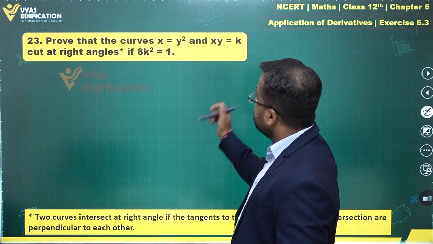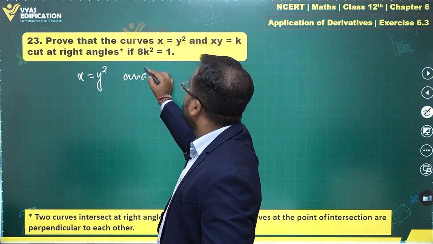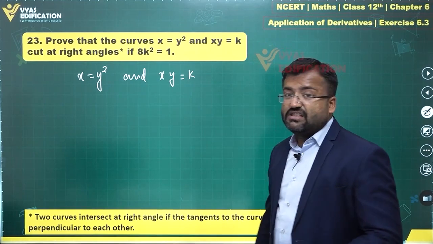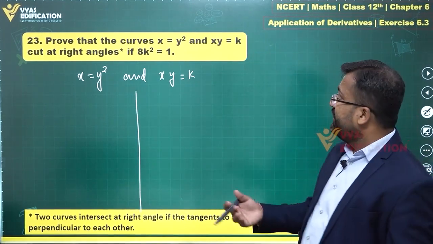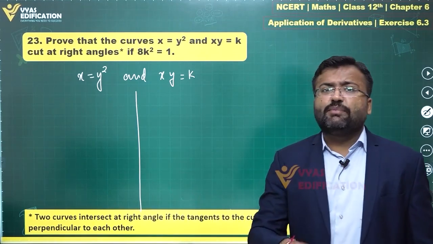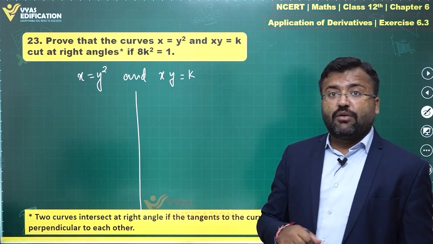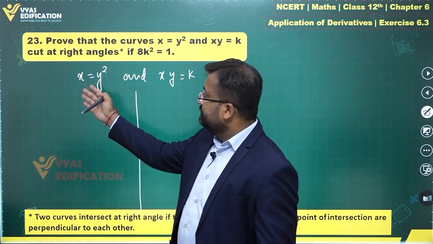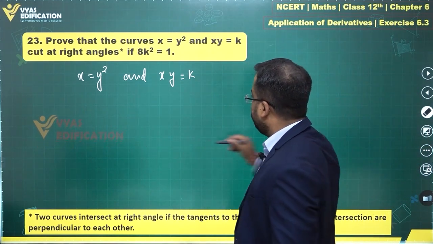Prove that the curves x equals y square and xy is equal to k cut at right angles if 8k square is equal to 1. Okay, so k is already used. Let's pick up some point of intersection. Let's say they intersect at some point alpha comma beta. If these two curves intersect at alpha comma beta, then we can easily find a relation between alpha and beta.